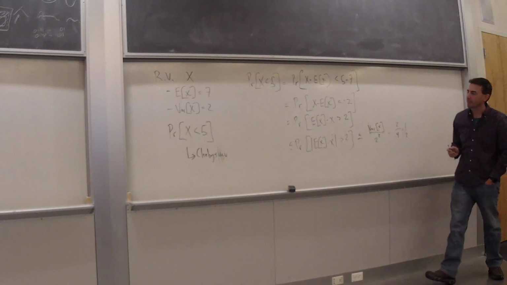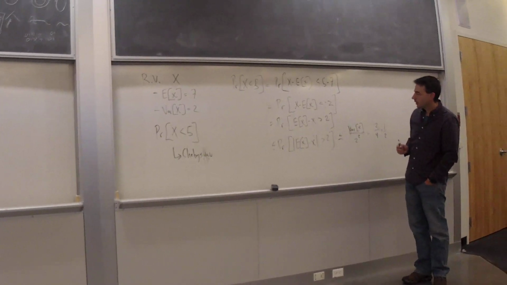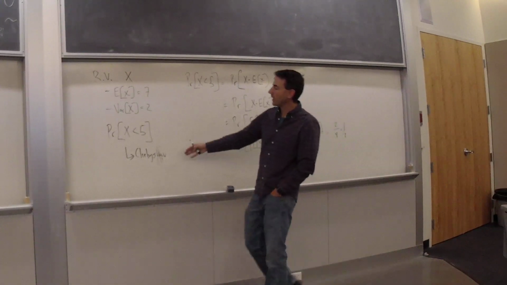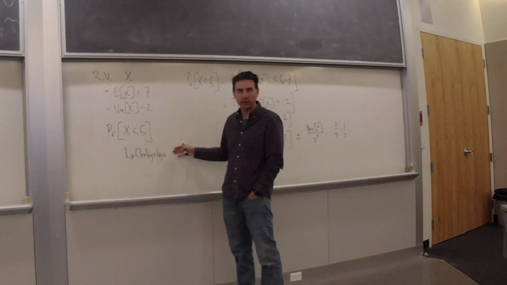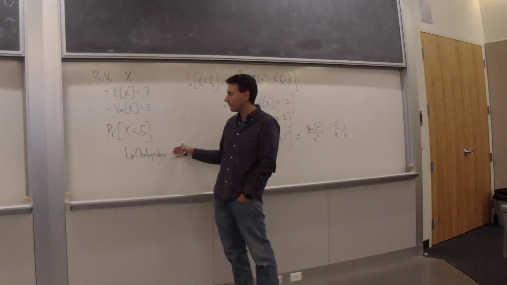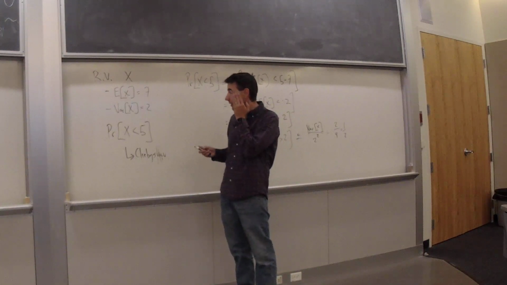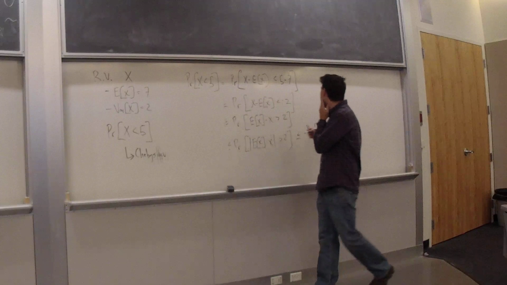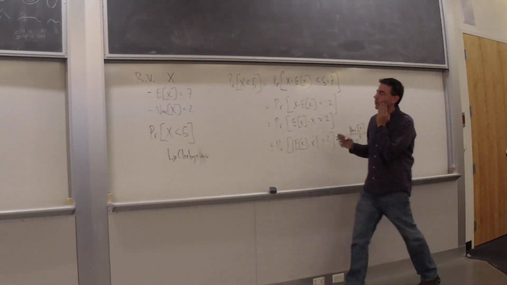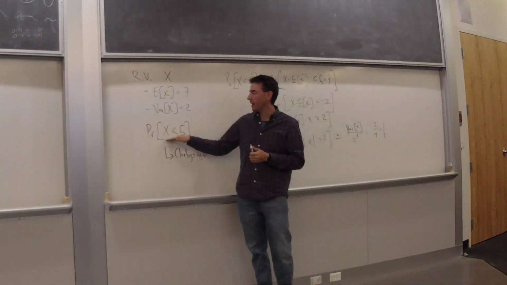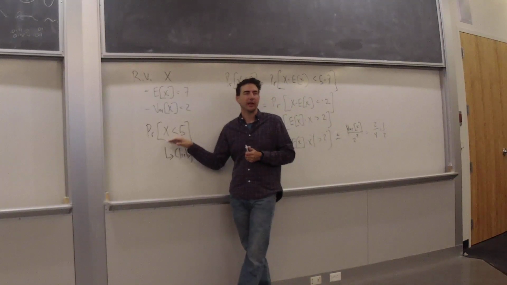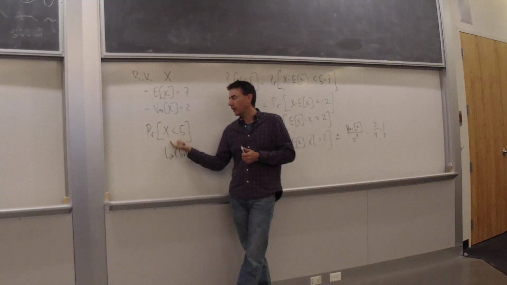And then why can I not use the Markov inequality? Well, the typical form of the Markov inequality I use requires that if you want to bound x is greater than something, x has to be positive. But you could put a different lower bound on here instead.